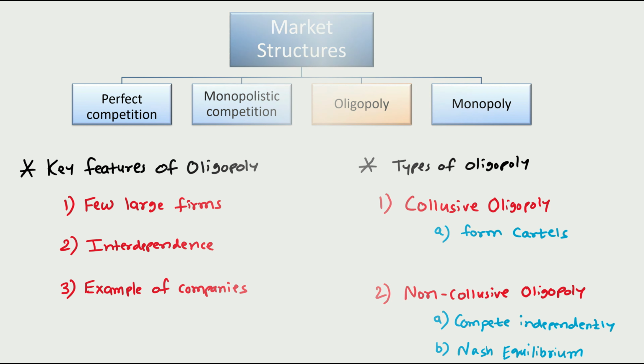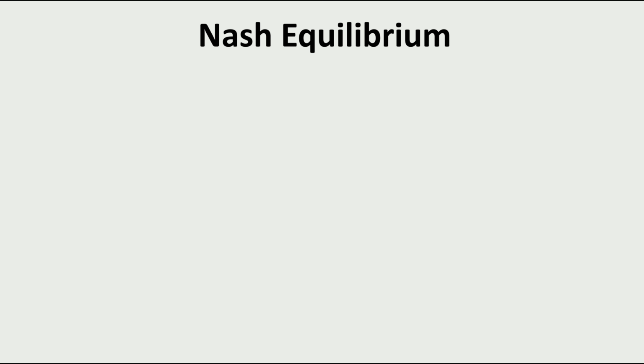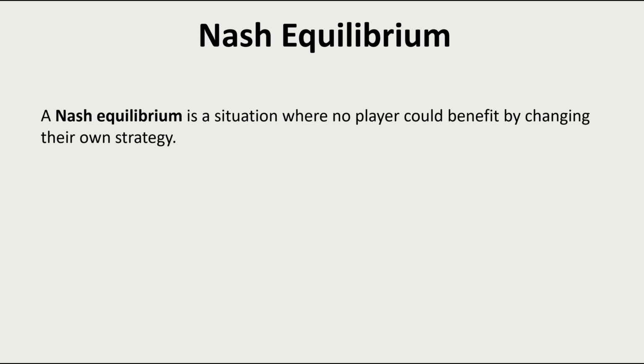All right. So before we jump into an example, let's briefly understand what Nash equilibrium is. Nash equilibrium is a situation where no player could benefit by changing their own strategy.